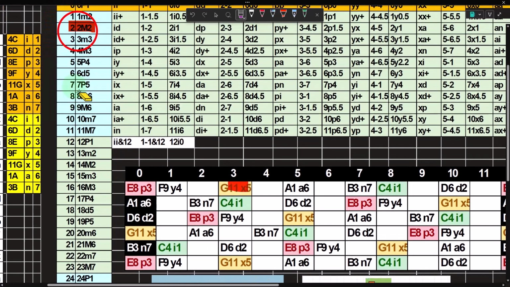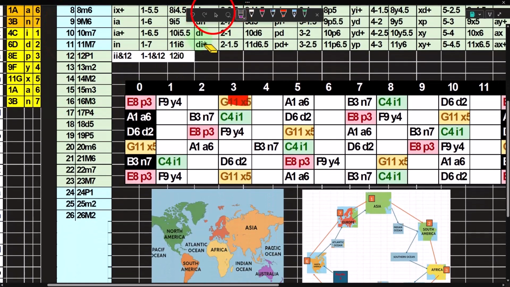Let's do the next one. Now we're going to say it's a 27 note away. If I go 27 notes away, it's 5, 10, 15, 20, and then 25, 26, 27, which lands me in the Aeolian Ocean.